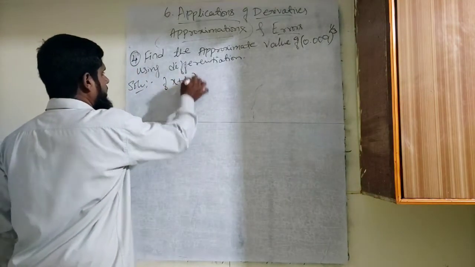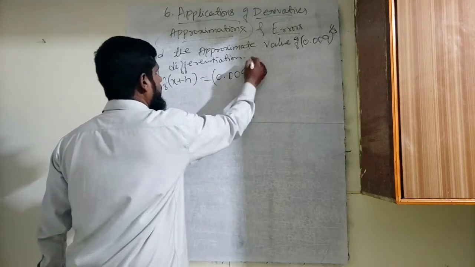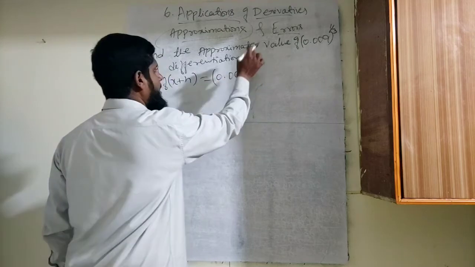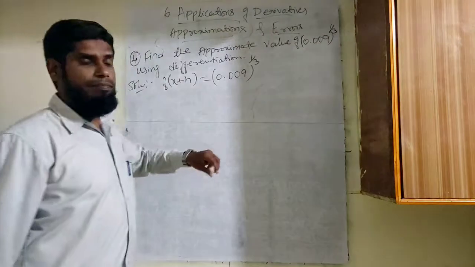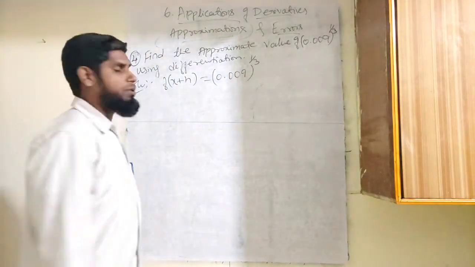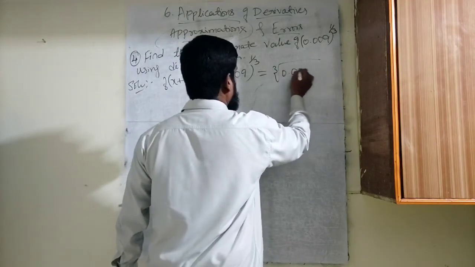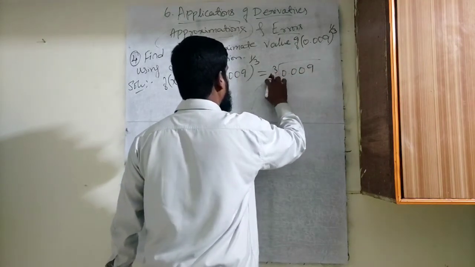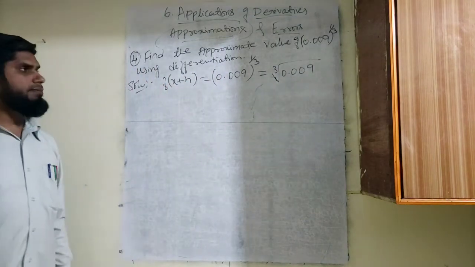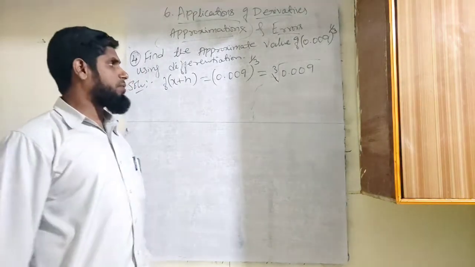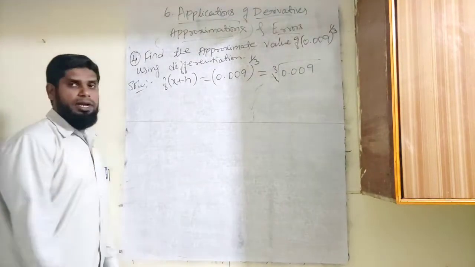So f of x plus h is 0.009 whole power 1 by 3. Students, as I said in the previous problem, power 1 by 3 means cube root. This can also be written like this, 0.009. Now, what is the cube root nearer to 9?